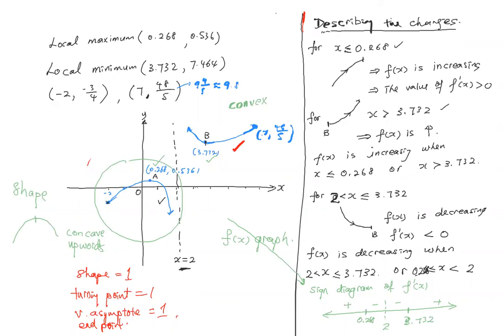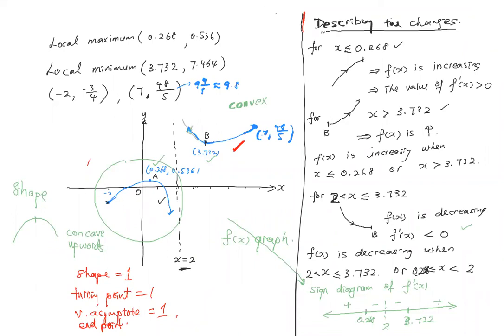Miss, between 2 and 3.732, why is it negative? Look at here. The graph is going down. So the rate is negative. You see the graph is going down.